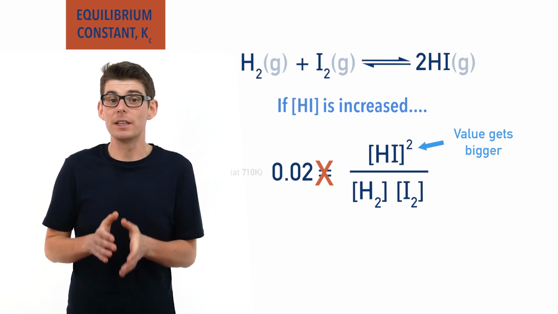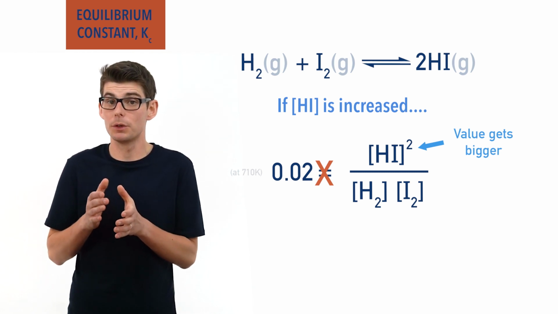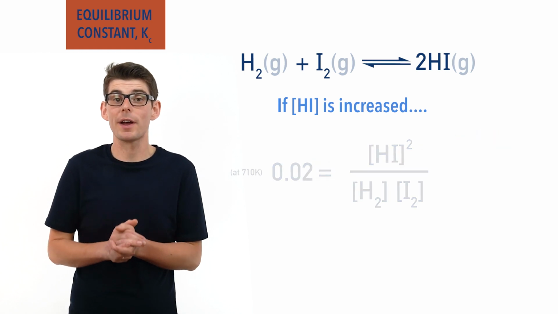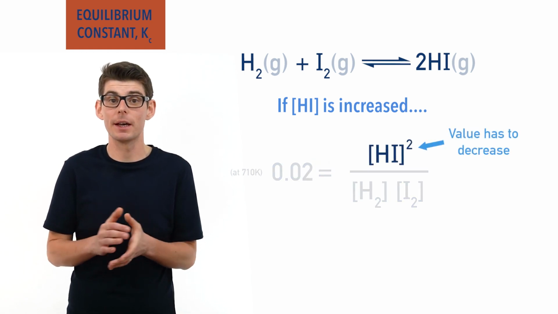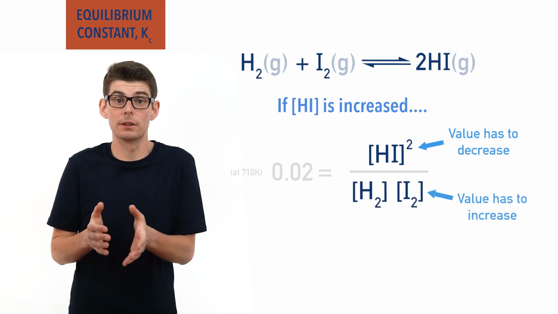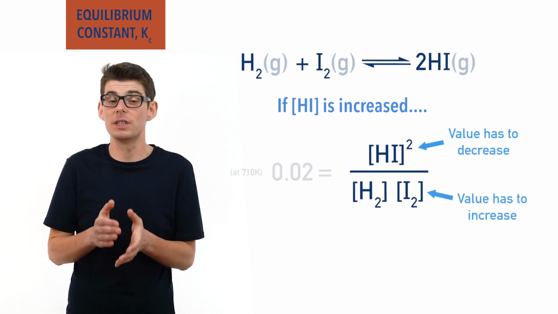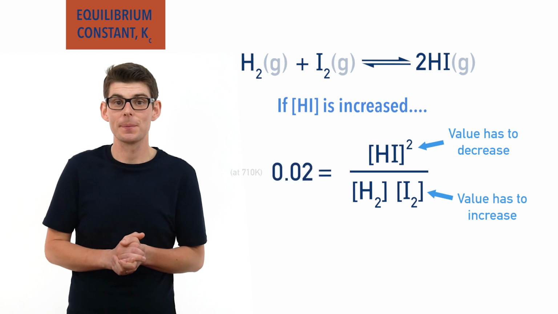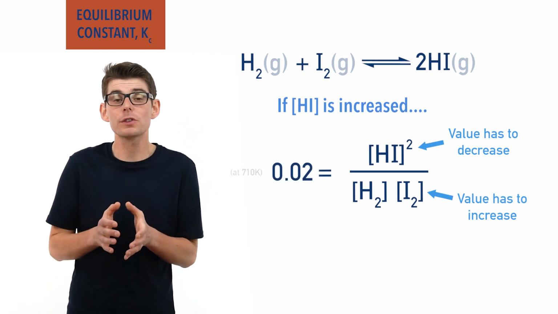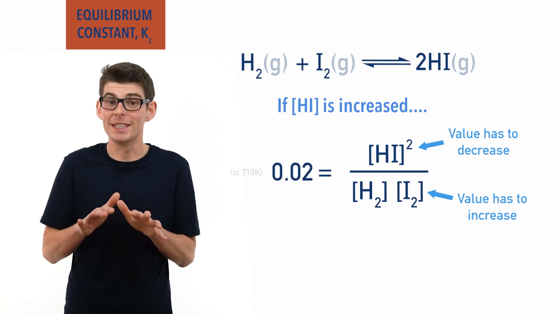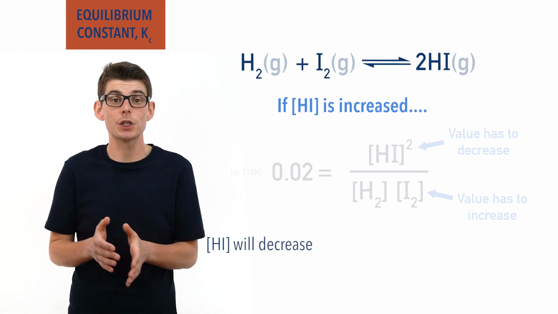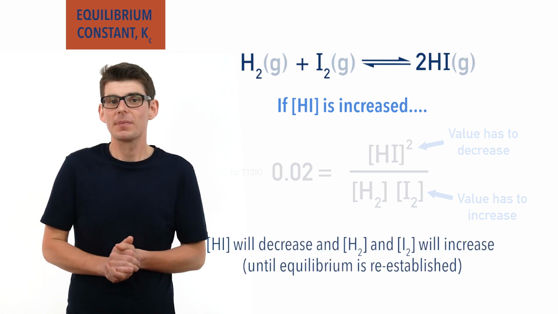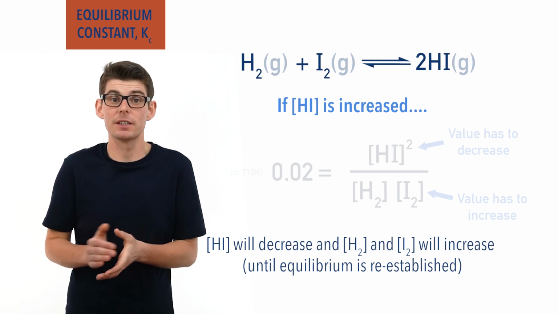The only way the value can be 0.02 is if the top of the fraction gets smaller and the bottom of the fraction gets slightly bigger, until eventually, when they are divided, the value equals 0.02 again. In other words, the concentration of HI has to decrease a little bit and the concentrations of H2 and I2 increase. This is just showing us Le Chatelier's principle.